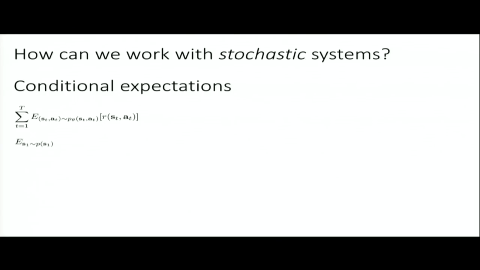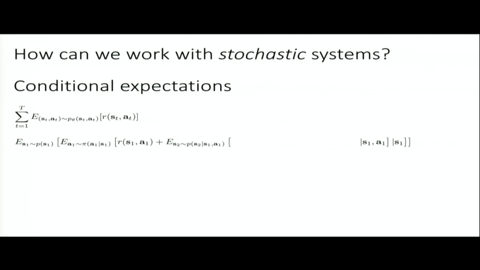We can write it out a little more formally like this. On the very outside, we have an expectation over the first state, which is distributed according to the initial state distribution. Inside that expectation, we have an expectation over the first action, which is distributed according to the policy. And here we can write the first reward. So this is a conditional expectation, conditional on the first state. And then what do we add to it? We add the second reward, the third reward, and so on.